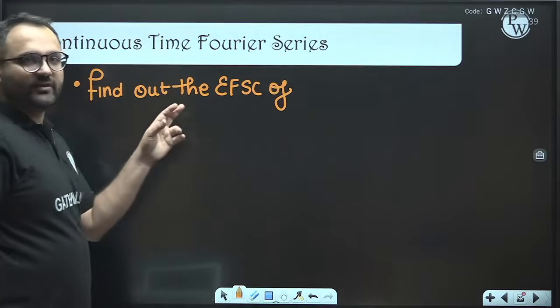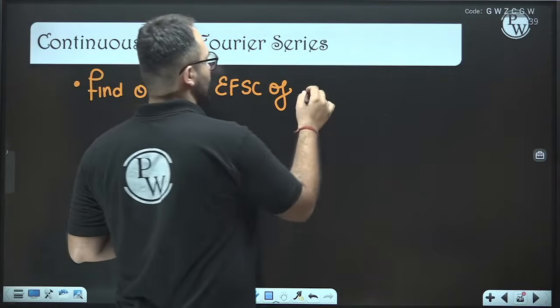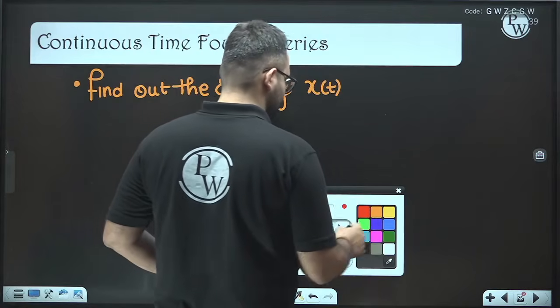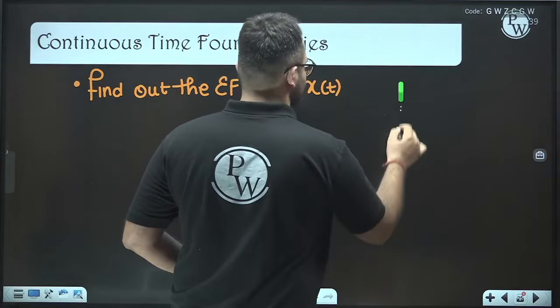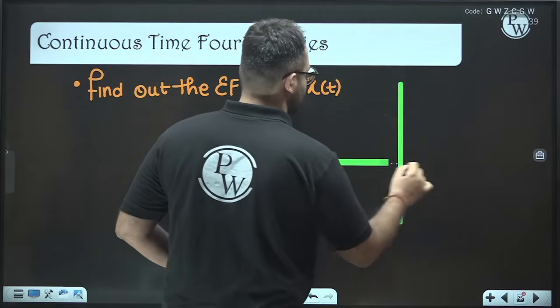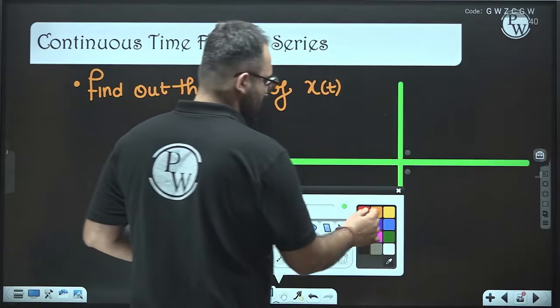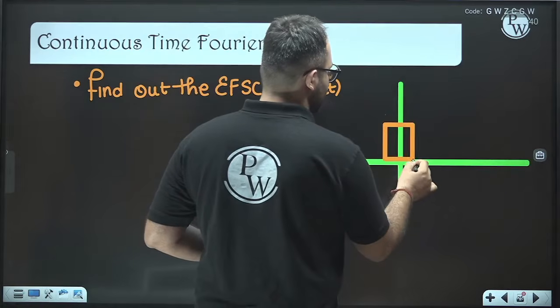So we have to find out the exponential Fourier series coefficient of signal x(t). x(t) is given to us. It is a rectangular signal like this.